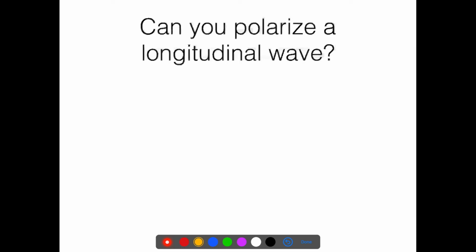So just really quick, I do promise before I go to the last slide, I'll talk a little bit more about this. But can you polarize a longitudinal wave? Take a minute to think about it. Pause it if you need to. I'm going to give you my answer right now. The answer is no. You can't polarize a longitudinal wave because remember, in a longitudinal wave, the energy is traveling this way, and the particles are moving back and forth parallel to the direction of the wave.